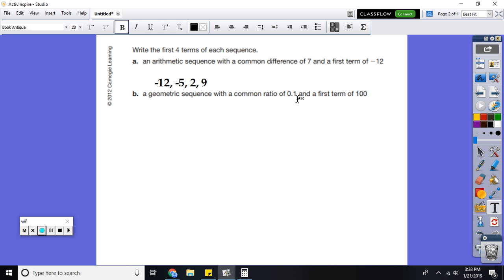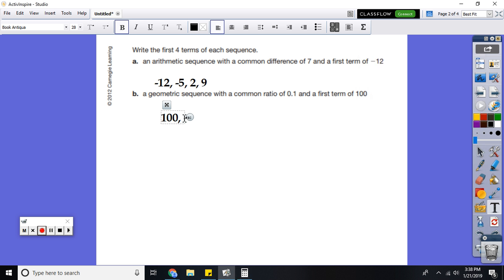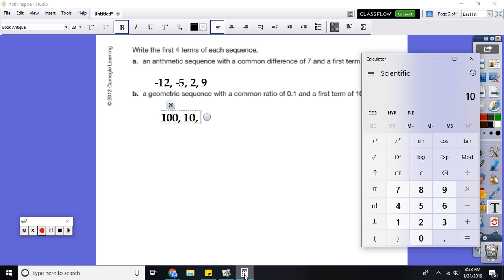So that's the number I will multiply by. And the first term is 100. So the first term is 100, and to get the next term, I would take that 100 and multiply it by the common ratio, which is 0.1. So 10. That would be my next term. And we've seen this pattern because it's the one we just looked at.